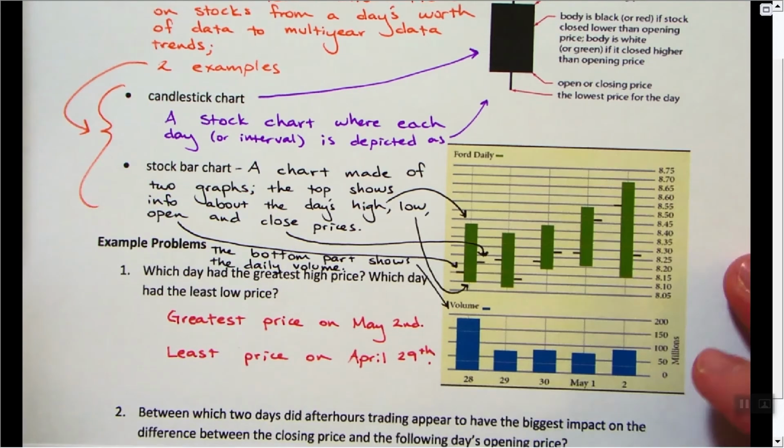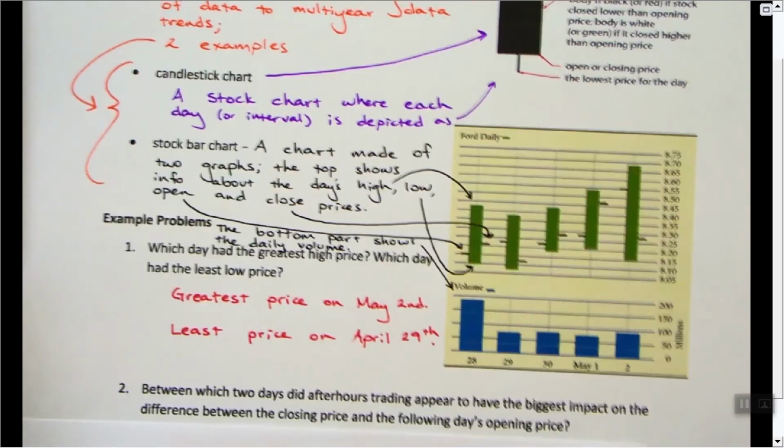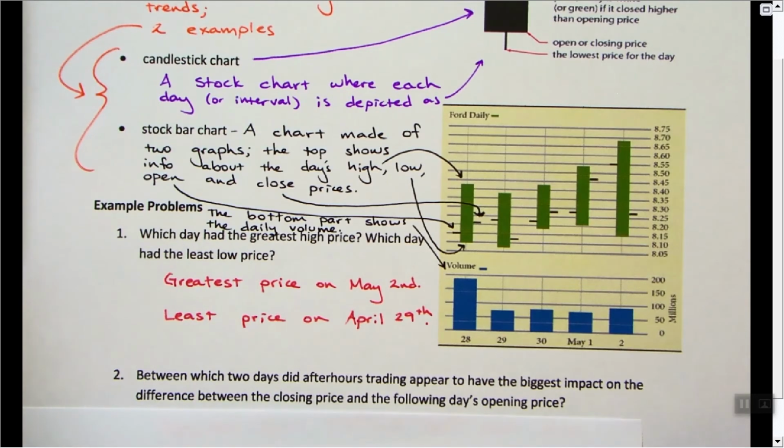Okay, the next question is, between which 2 days did the after hours trading appear to have the biggest impact on the difference between the closing price and the following day's opening price? So that's talking about trades that may happen after hours, so between when a stock closed that day and when it opened the next day. I guess it can still happen somehow, maybe via internet or something else.